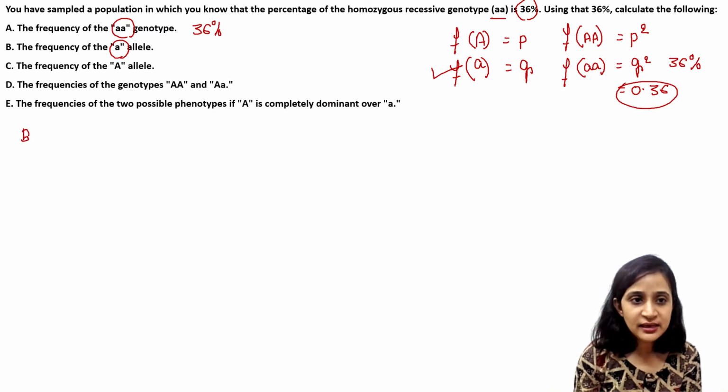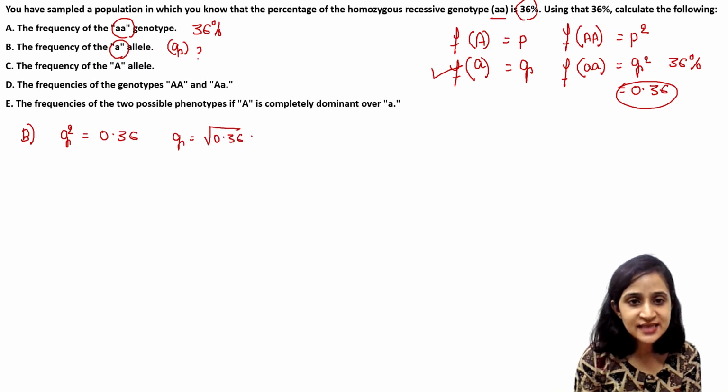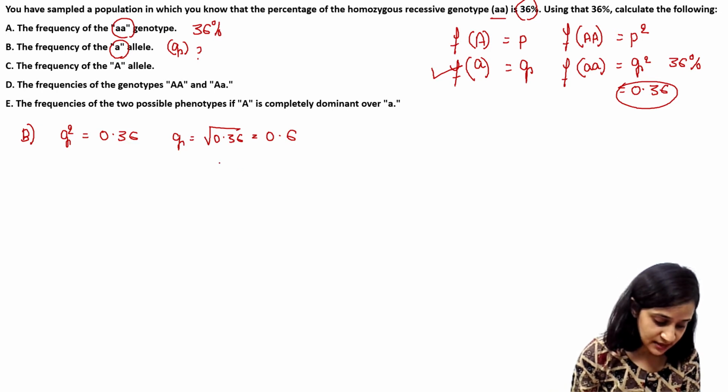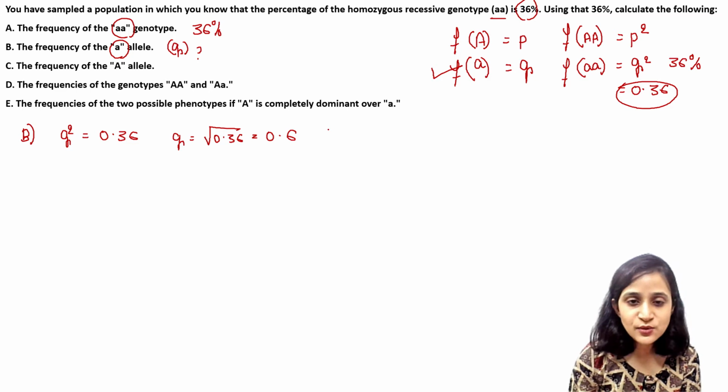So for B, if q square is equal to 0.36, and they want to know the frequency of small a, that means q. So q will be root over 0.36, that is 0.6. So this is 0.6, and otherwise you can say it is 60%.